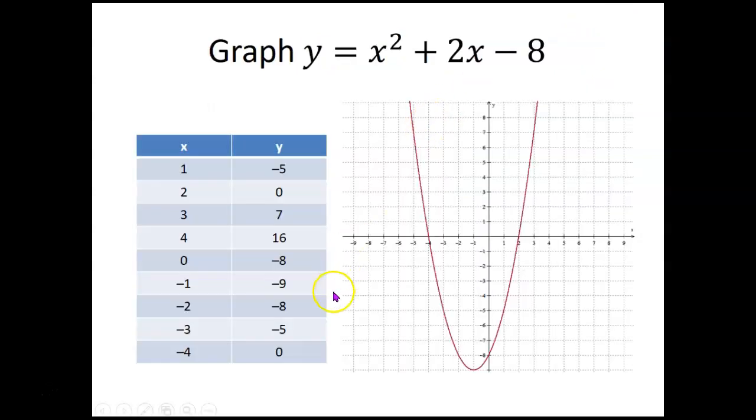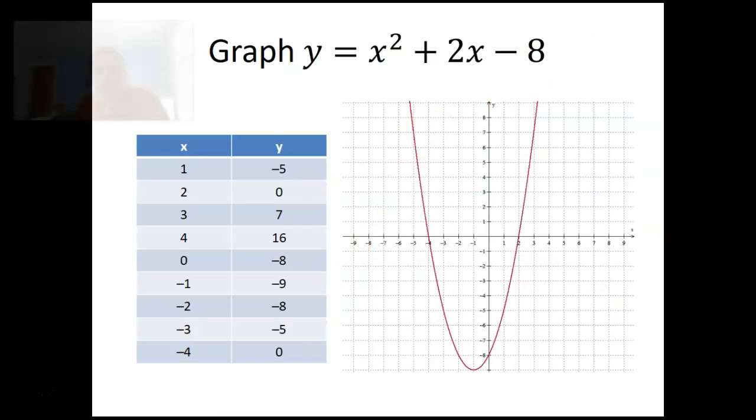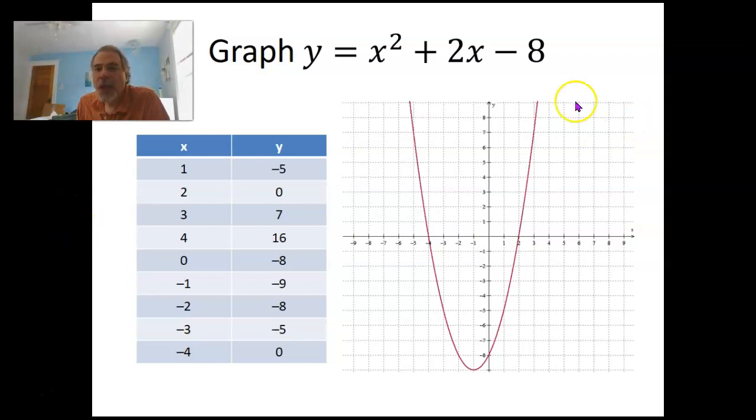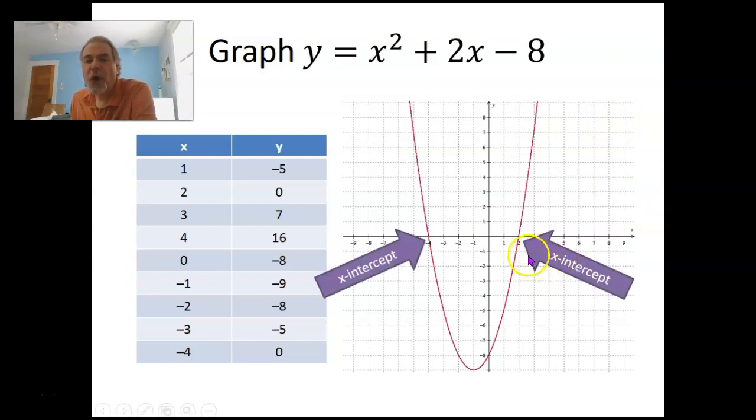Another thing to watch out for when you're looking at equations: look at this equation. We were working with this as an example in the previous video, but notice that there are 2 points on this graph where the graph crosses or touches or intercepts the x-axis.